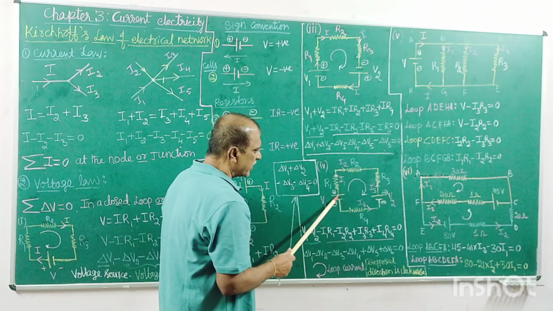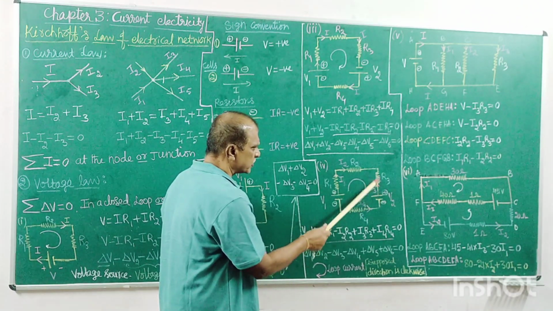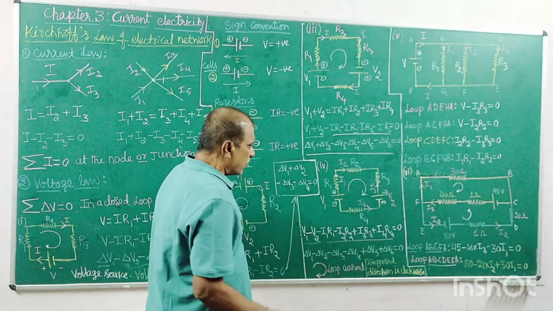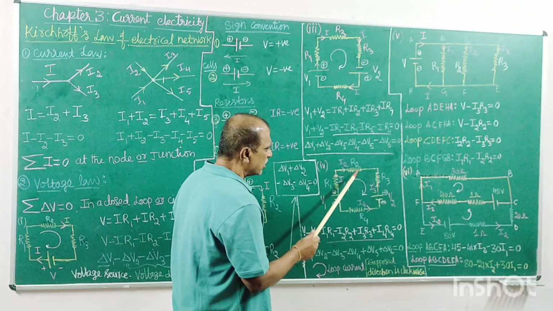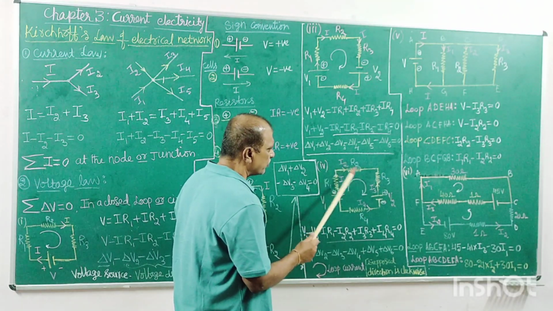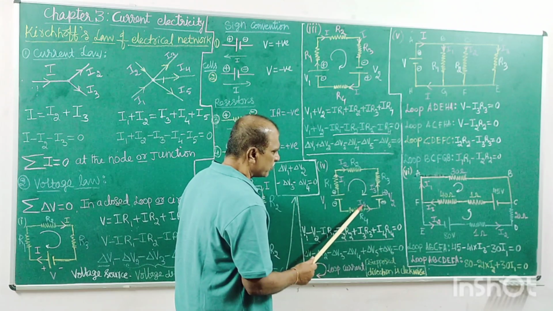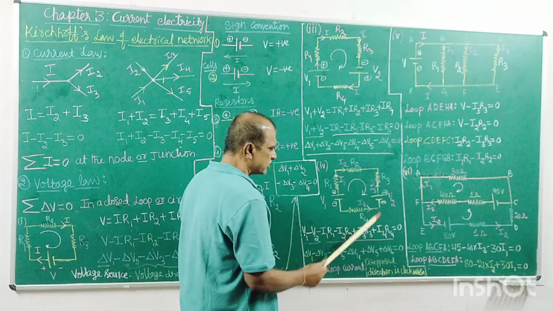In this battery, the current flows like this, and in this battery, the current flows in the opposite direction, not in the same direction. Therefore, the current through this resistance is I1, through this resistance is I2, through this resistance is I3, I4. This is the current direction in this cell.